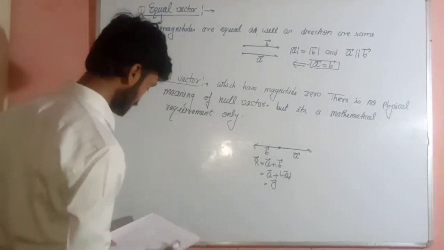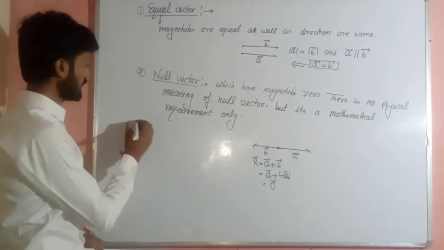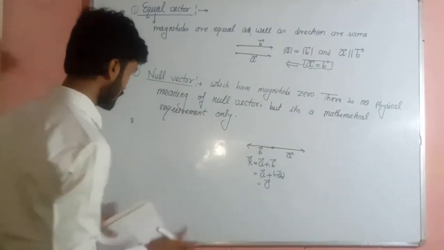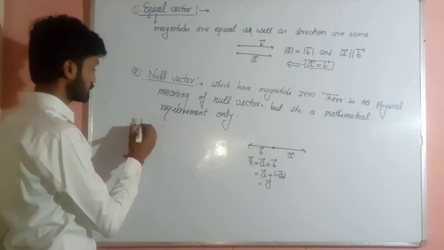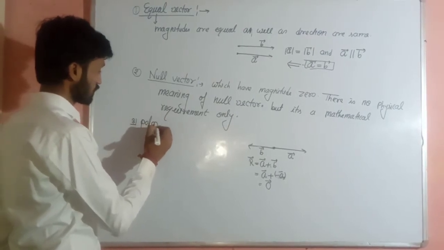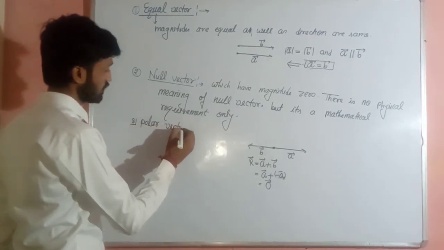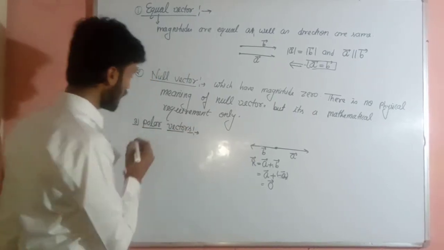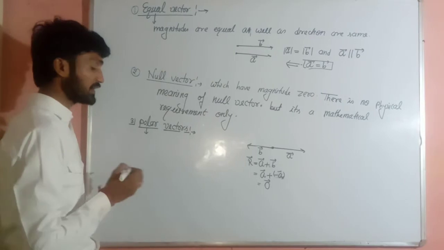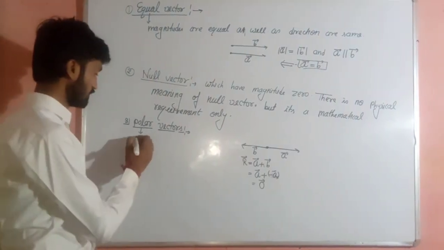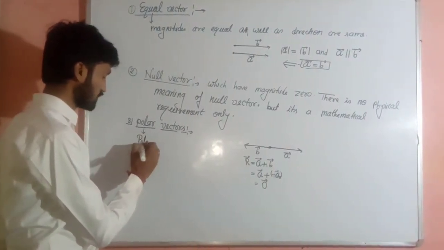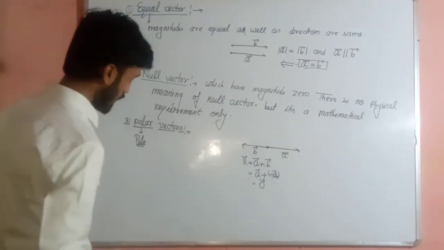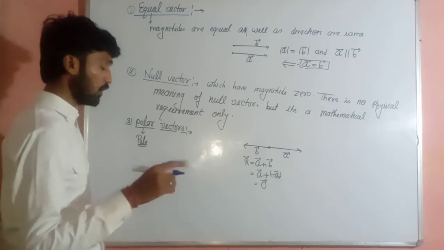Now next, very important, polar vectors. Polar means any vector which has a pole, and pole means a point.